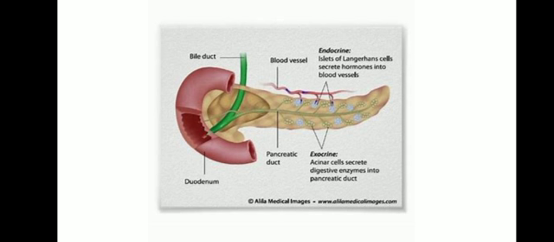Alpha cells secrete glucagon and beta cells secrete insulin. Okay ma, so they control the blood sugar level in our body.